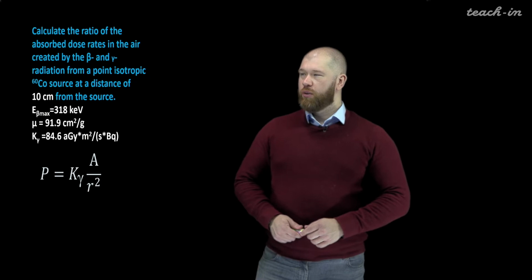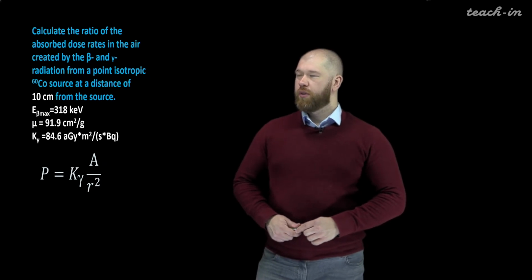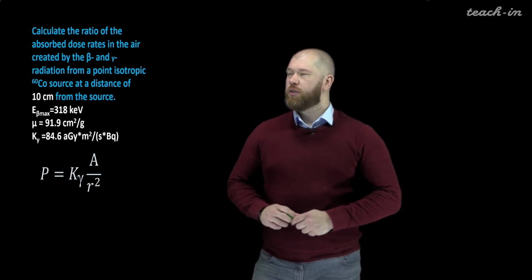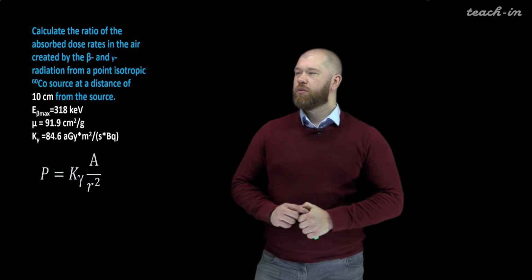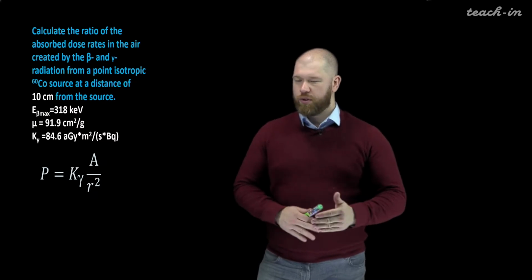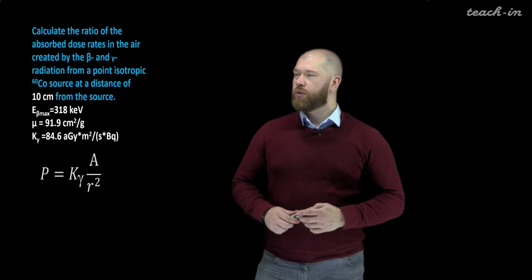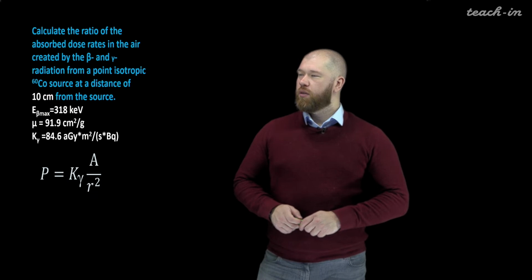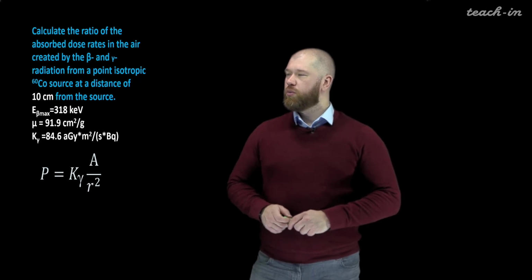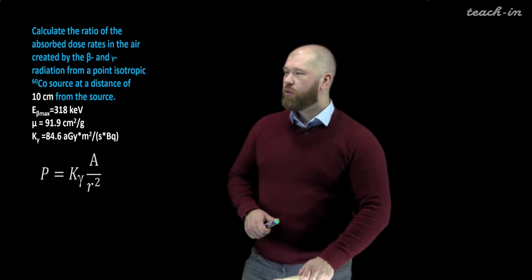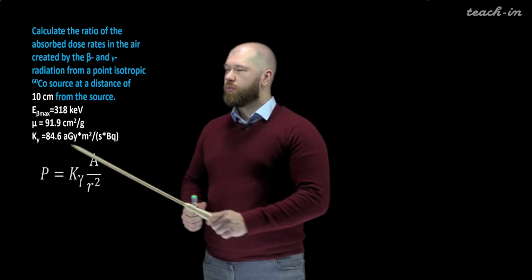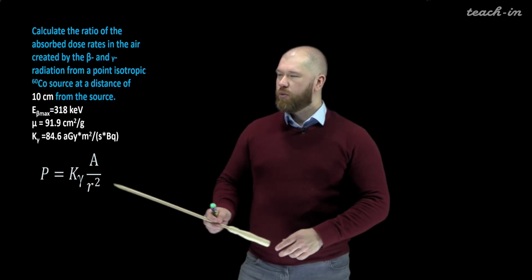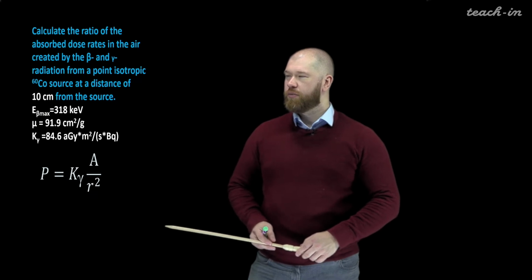Again, to calculate the dose rate, we need to know how many particles are going from our source to the distance of 10 centimeters, and also we need to know the so-called gamma or Kerma constant in the case of the gamma radiation.